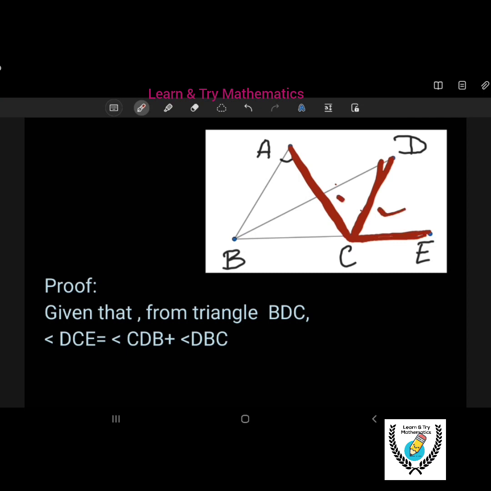When this angle and this angle are equal, then we can write ACE is equal to ACD, this angle, and this angle, the sum of these angles. Again, CD is the bisector of angle ACE.